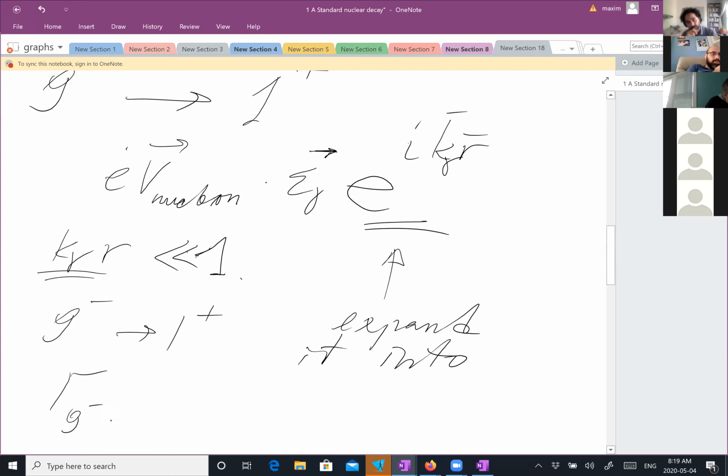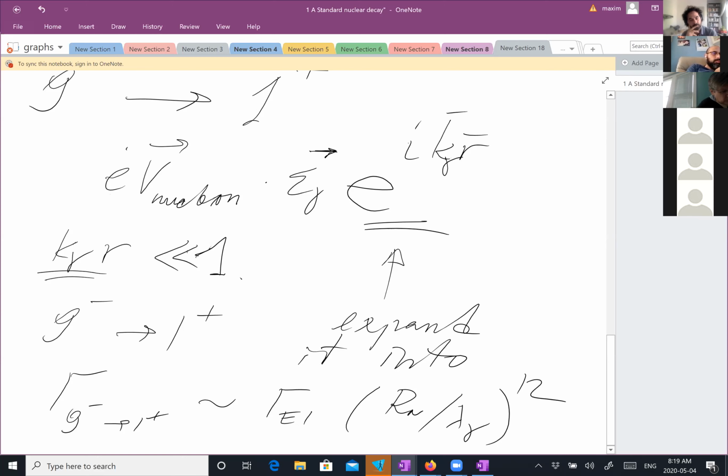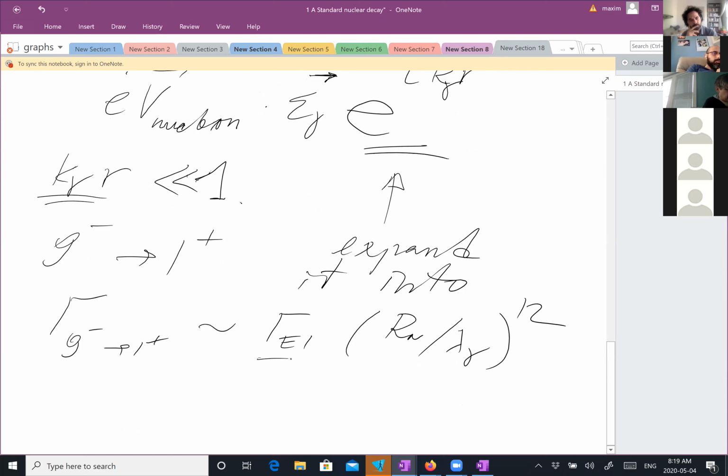So the rate of 9 minus to 1 plus will be like we had before, gamma of E1, but then it will additionally have this omega times r, or this r nucleus over the lambda of the emitted photon, to the power 12 compared to this rate, right? 12.